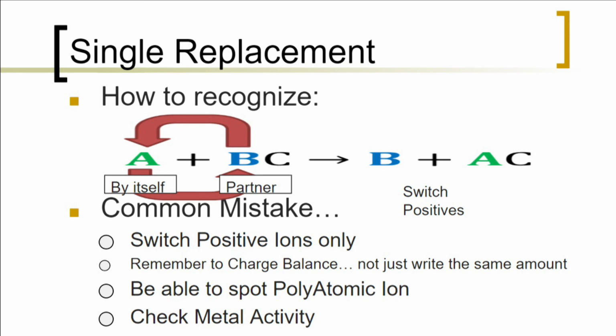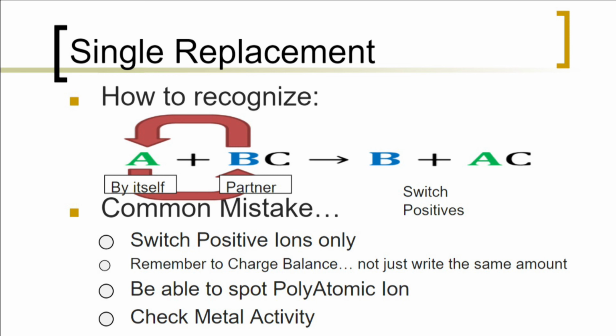Also, anytime you put two things together, you have to do the charge balance. What students will do is they'll put the amount that's on the left and just put that amount on the right hand side. You have to charge balance them in order for them to be correct. Make sure that you can spot your polyatomic ions.